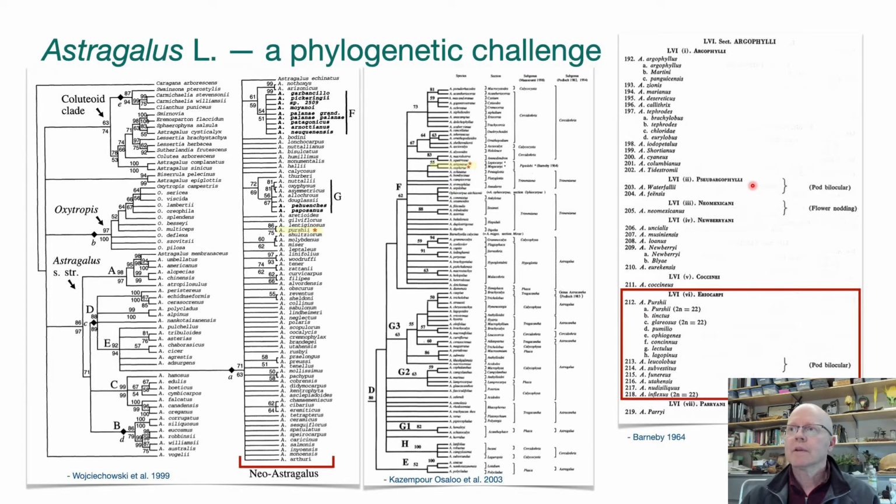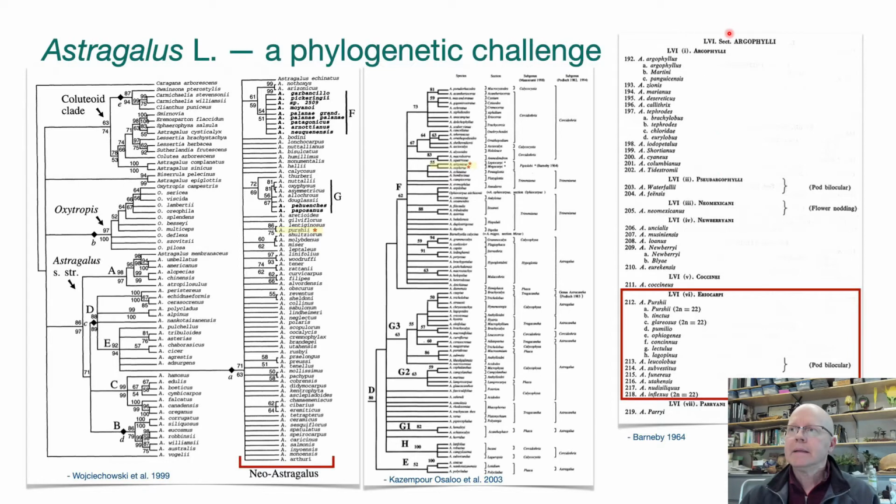What we do have, though, is that Barneby in 1964 proposed a classification of Astragalus that's based on his study and his look at morphology, his intuition as to what characters were primitive and which ones were derived.